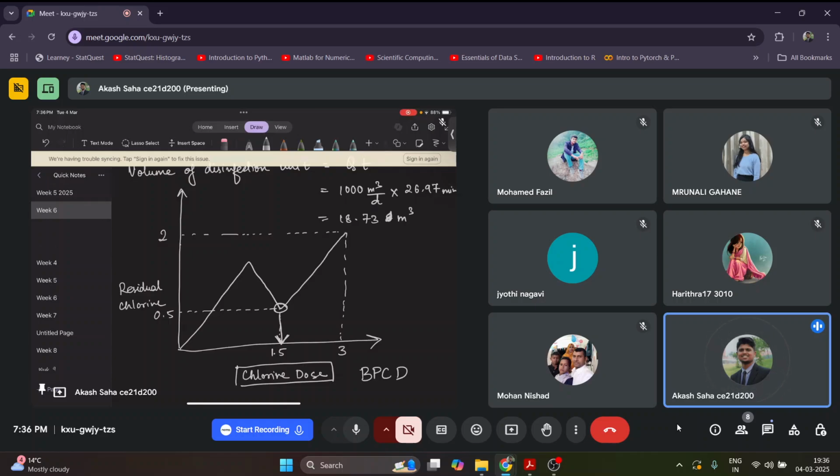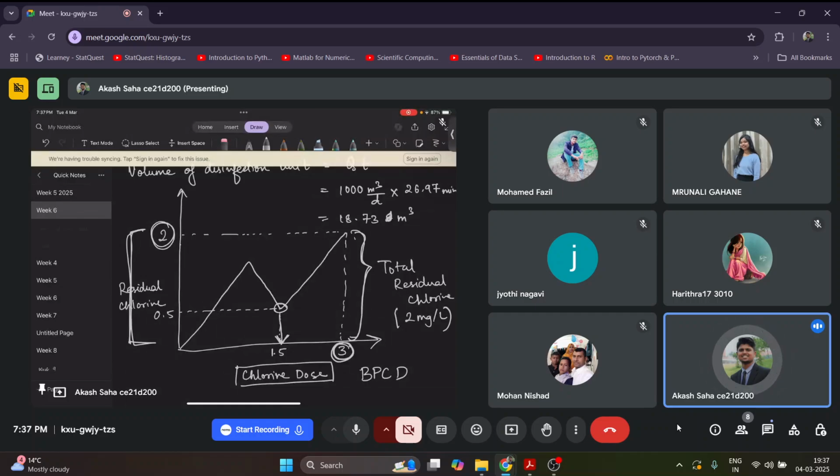Now, about total residual chlorine: the y-axis gives the residual chlorine. At the end of the chlorine dose, whatever is remaining, this much is remaining as chlorine. So this is my total residual chlorine, which is 2 milligram per liter.